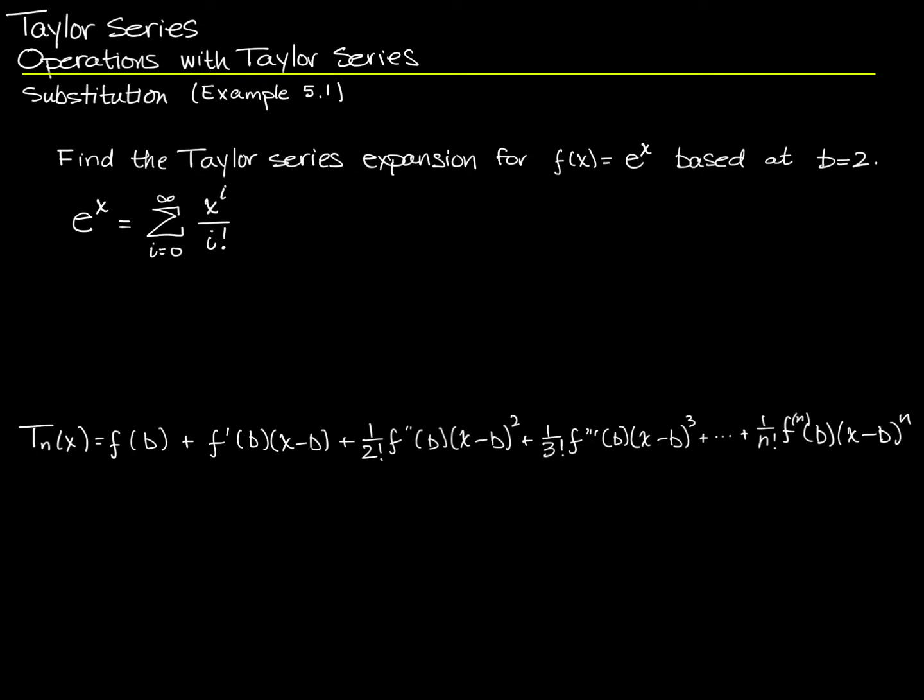With the e to the x function, each one of my derivatives is going to be e to the x. And then I'll have x minus b, but when it's centered at 0, b is 0, that's just x. So that's going to be x, this is going to be x squared, x cubed, x to the nth power.